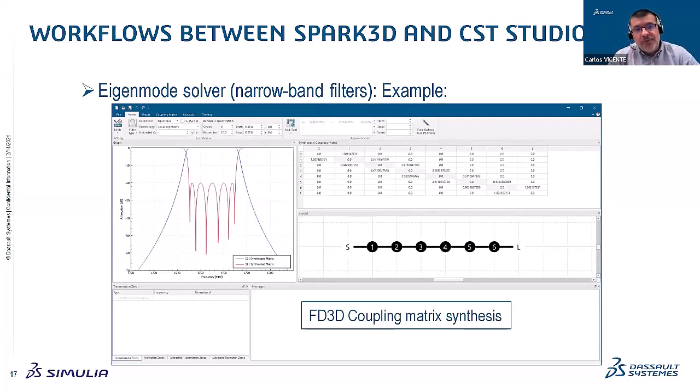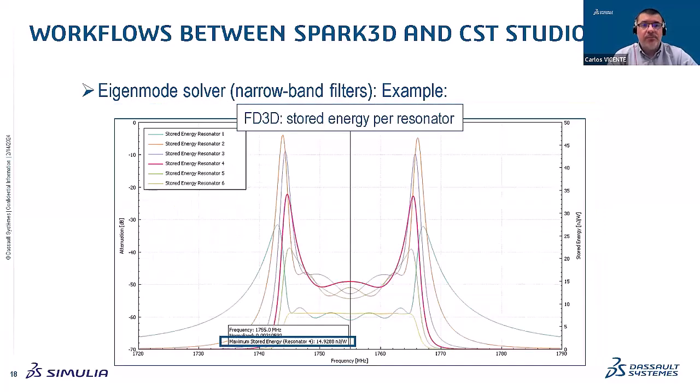But first of all, you have FD3D, so you can put the specifications there. In this case, we can meet those specifications with a 6-pole direct-coupled filter. And once I select that topology, FD3D will also give us the stored energy. So here I am selecting, you have the 6 resonators.